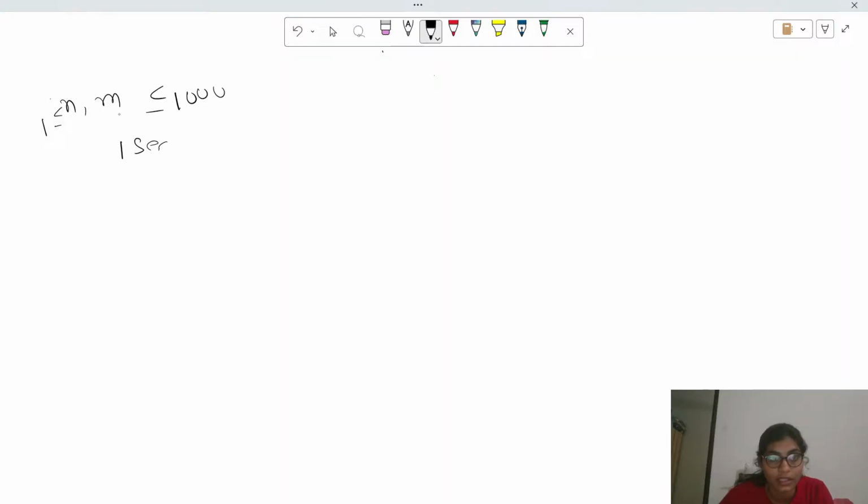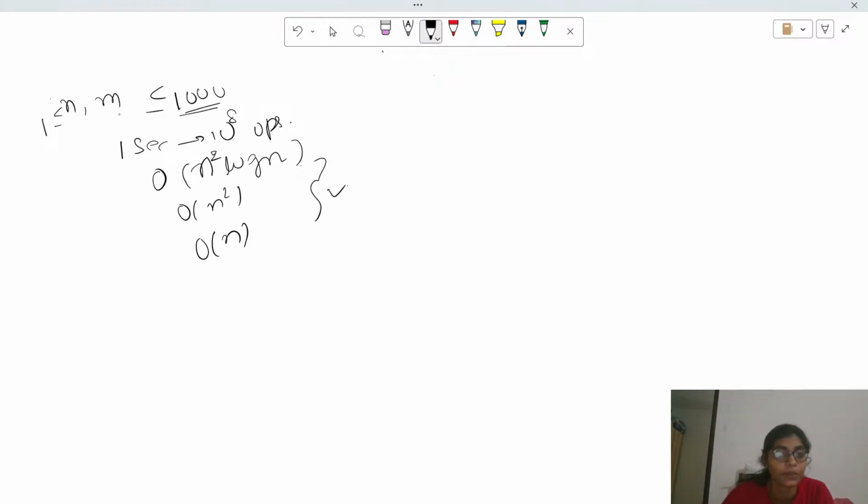So in 1 second, we can do roughly 10 power 8 operations. So we can do a solution with time complexity big O of n square log n as well, right? N square, big O of n, all these work.